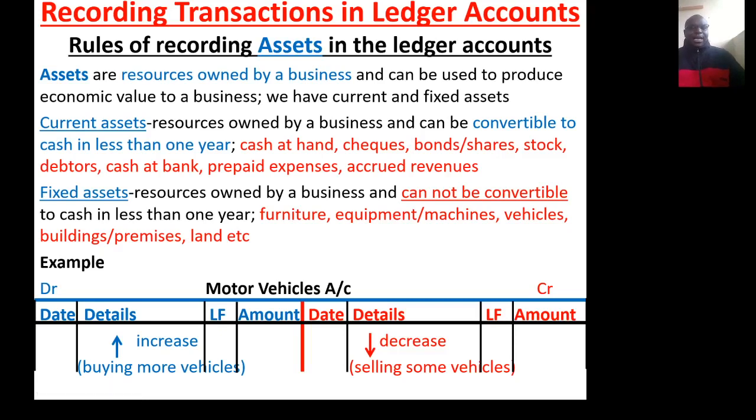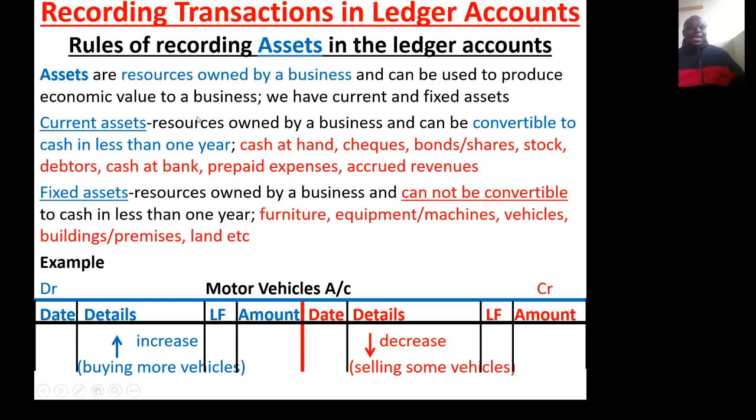Rules of recording assets in the ledger accounts. Assets are resources owned by a business and can be used to produce economic value to a business. We have current assets and fixed assets.